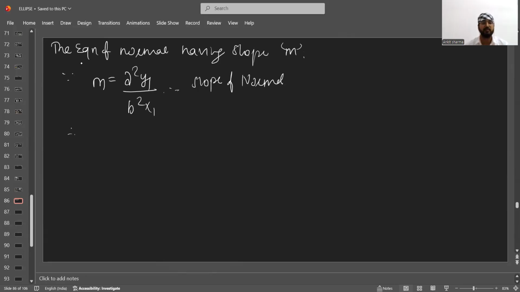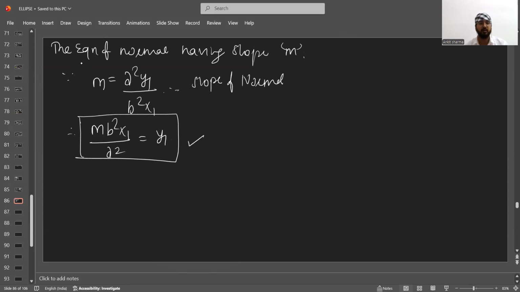So we can collect here. So y1 would be m b square x1 over a square, is equal to y1. This is my y1 now. And now since P(x1, y1) lies on the ellipse, this point lies on the ellipse.